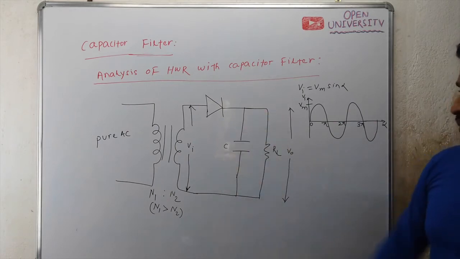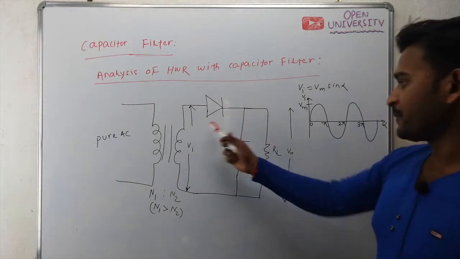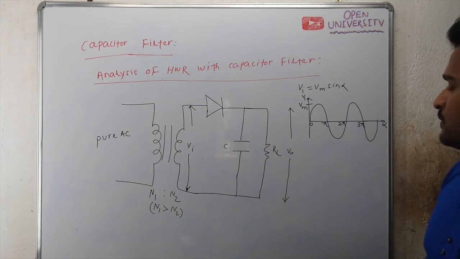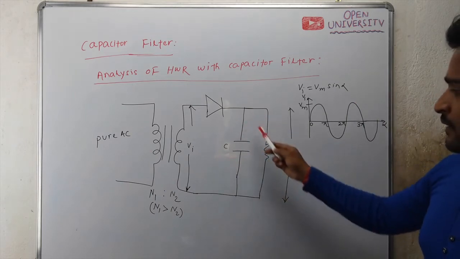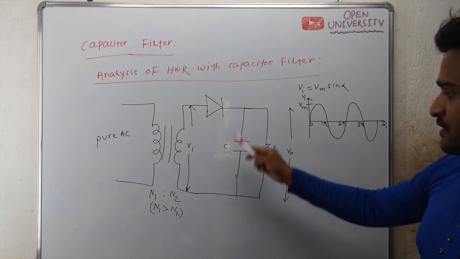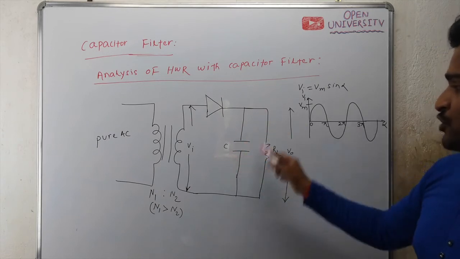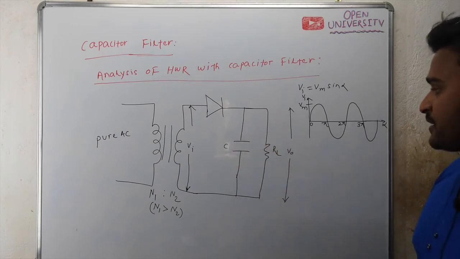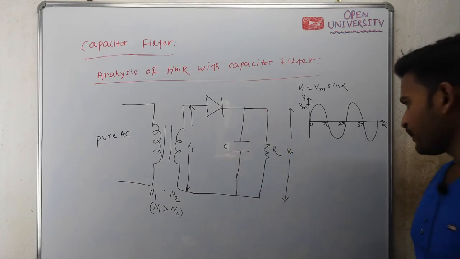Let's understand the operation of the half wave rectifier with capacitor filter. Initially assume the capacitor is discharged, its voltage is 0.